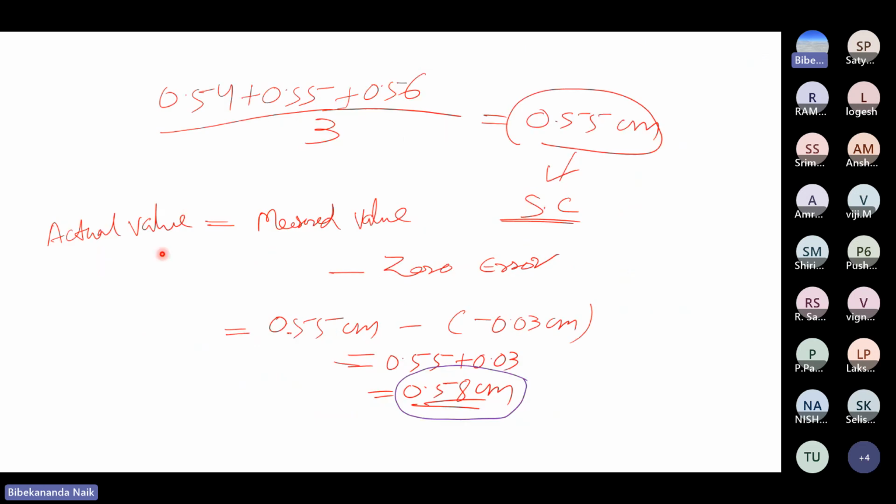So the actual value will be the measured value, subtracting the zero error from it. So it will be 0.55 minus, since the zero error is negative, it will be added again. So it will be 0.58 centimeter. So the mean corrected reading, the diameter of the ball, is 0.58 centimeter.